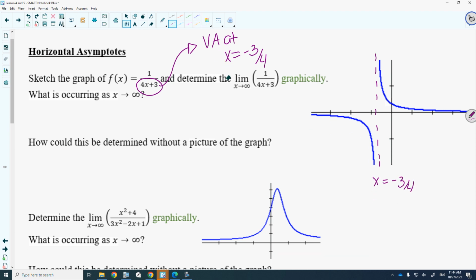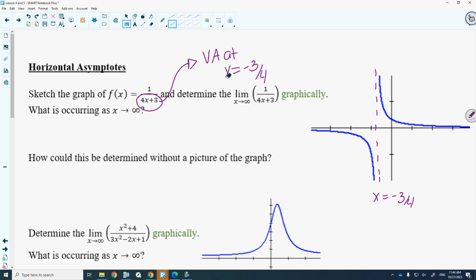If this was a test question, you would have said, what is the limit as x approaches negative 3/4 from the left and from the right of our function?